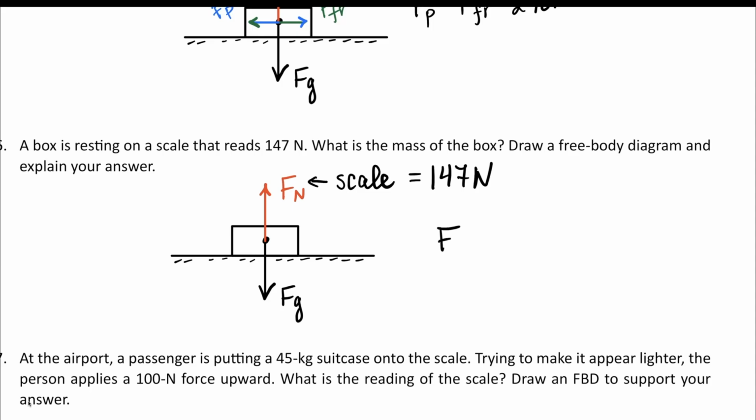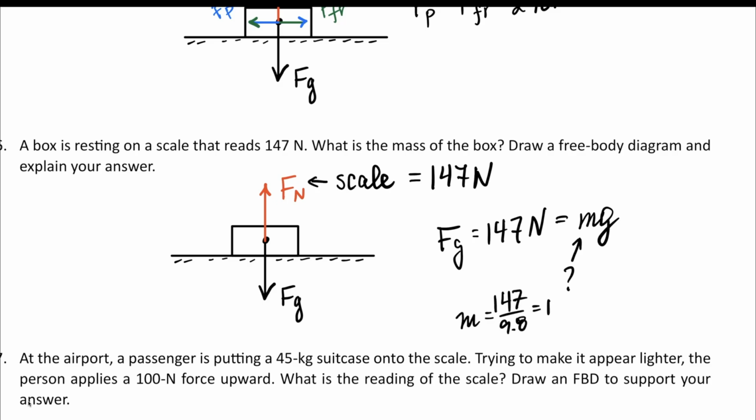So if force of gravity is 147 newtons, and it equals mass times g, remember how I didn't say mass times gravity, it's mass times g, that is gravity. That is going to be our question mark, so mass is going to be 147 divided by 9.8, which will give us 15 kilograms.